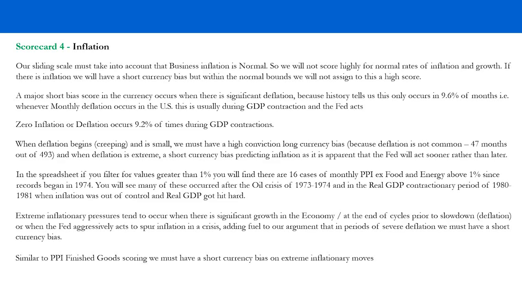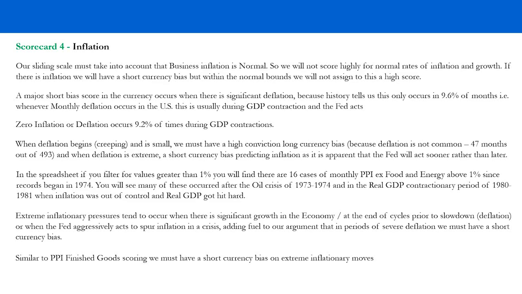And that's because history tells us this only occurs in 9.6% of months, so in the significant minority of months. And whenever monthly deflation occurs in the US, this is usually during GDP contraction and the Fed acts. Now also, when we look at zero inflation, we can look at zero inflation as deflation as well, because it's not very common. It only occurs in the zeros 9.2% of times, and usually during GDP contractions.